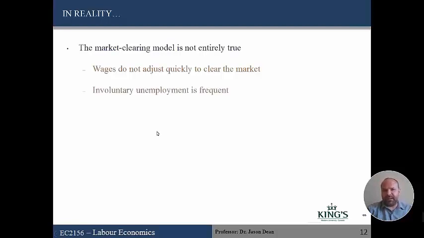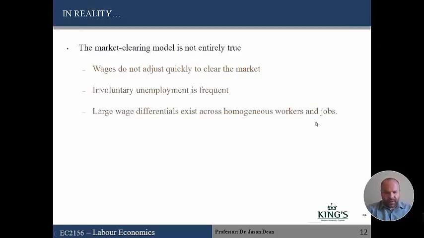Wages tend to be sticky, and we saw that in the Great Depression. Involuntary unemployment is frequent, and there are large differences in wages across homogeneous workers and jobs. Think of different jobs that have the same skill.